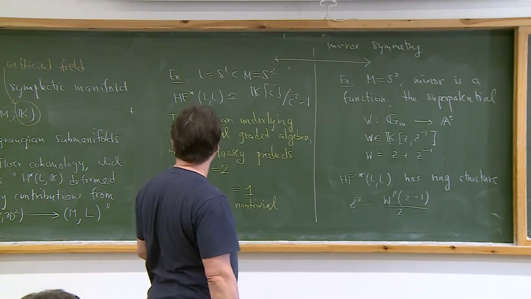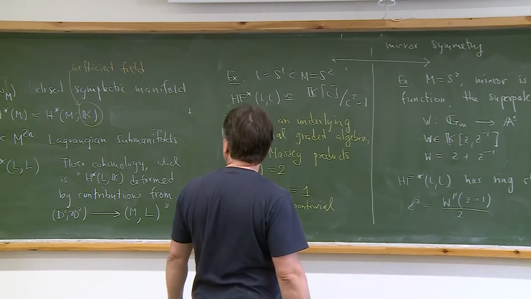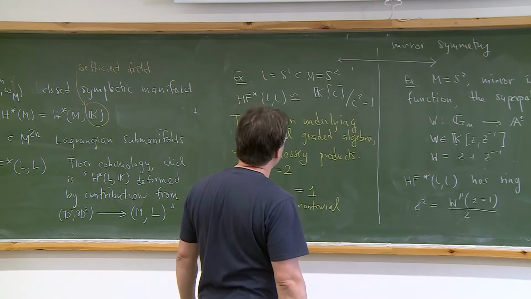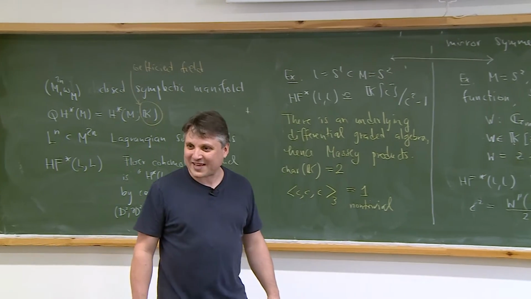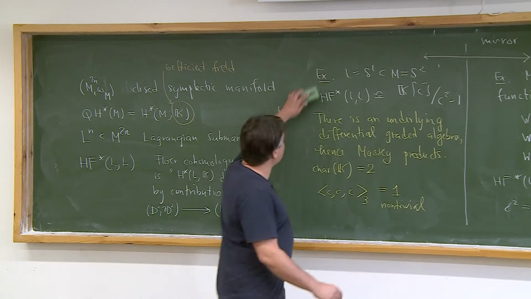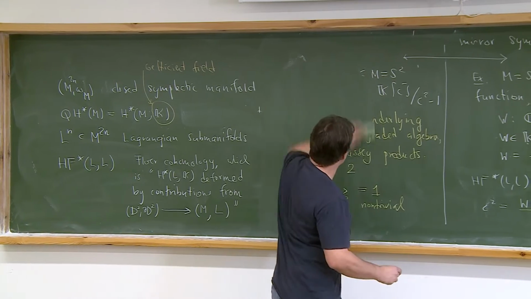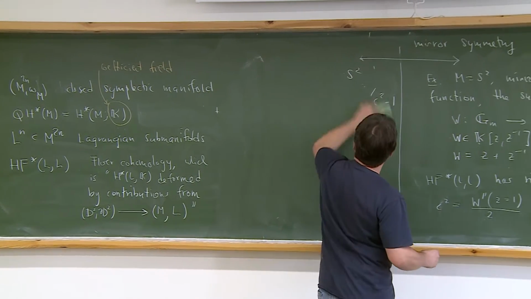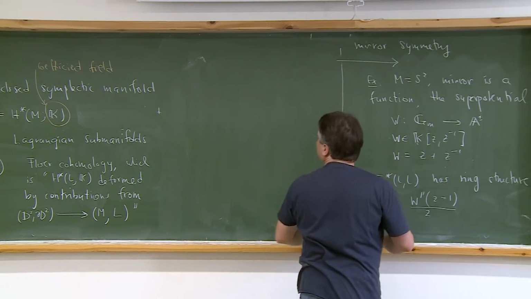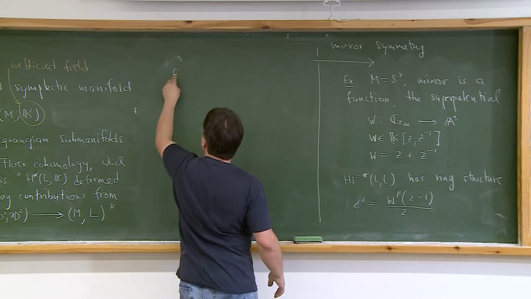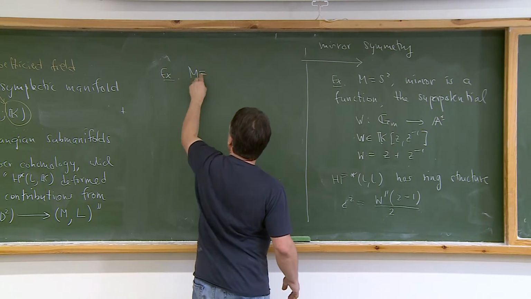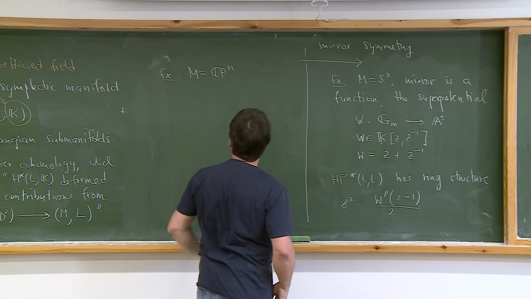Now, this is fine, but you can say, well, we have absolutely no desire to think about the symplectic geometry of S2 because it's too trivial. So your next example would be M equals CP^n.